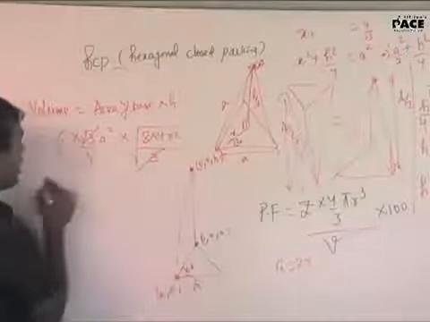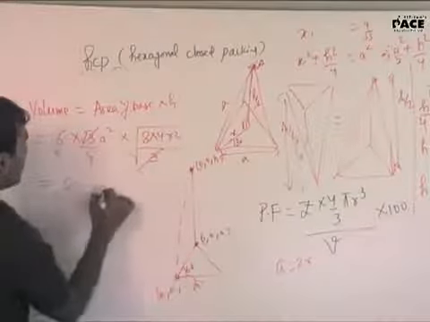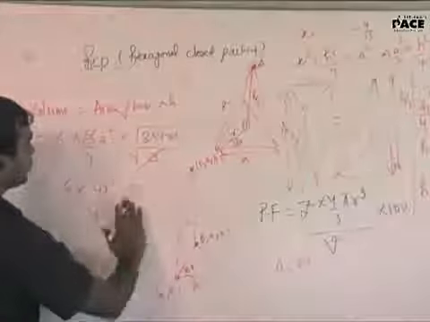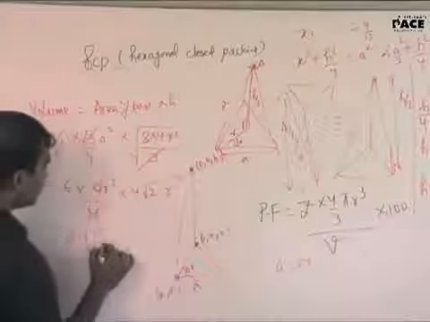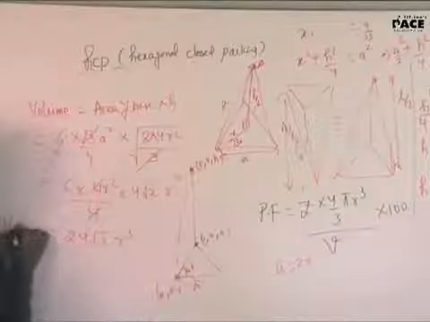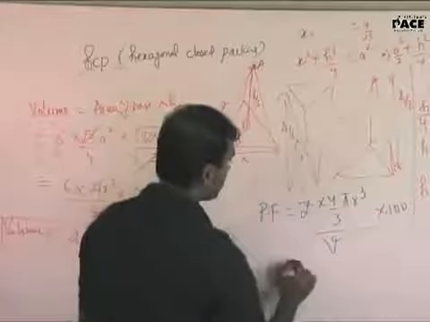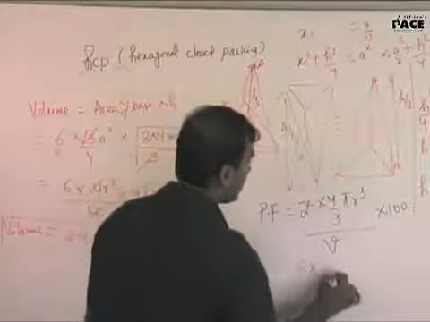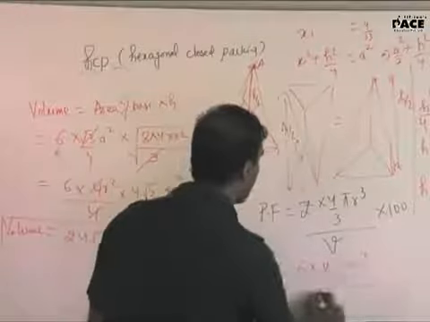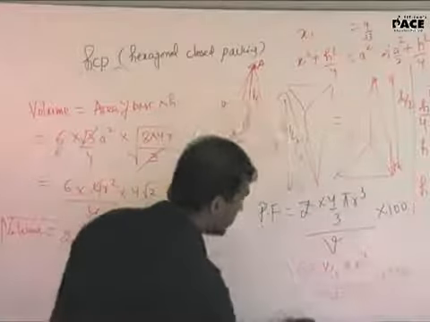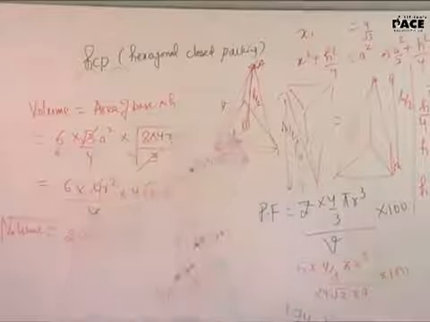And a is 2r, so this will be 6 into 4r square by 4, and this will be 24 root 2 r cube. So if you have the volume as this, Z equal to 6 into 4 by 3 pi r cube by 24 root 2 r cube into 100, and this will come out to be 74% again.